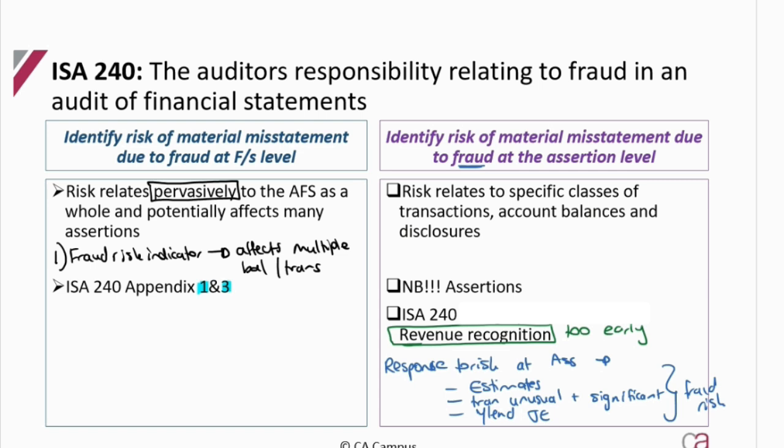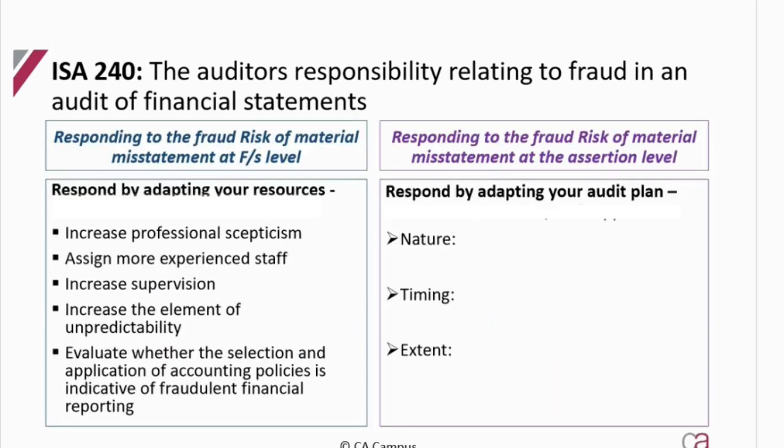Other than that, guys, you're going to be looking at the information in the question and seeing if there's any of these indicators in Appendix 1 and 3 that are specific to a balance or transaction, in which case there could be a fraud risk assigned. We then have to respond to those.